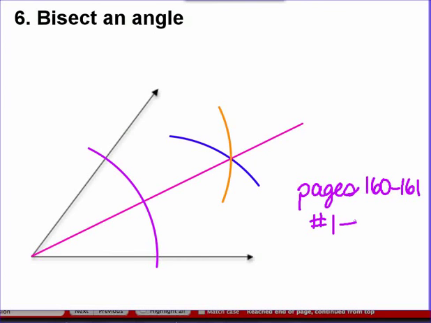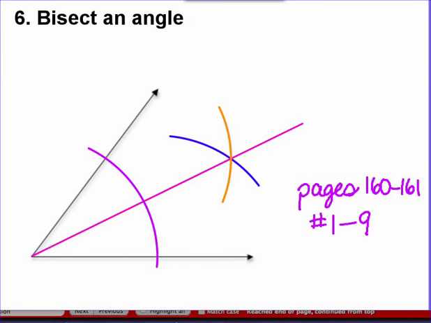I want some changes in the instructions. Number 5, it's just matching. On number 6, construct an isosceles right triangle with Z as the length of each of the two sides. So that will work.